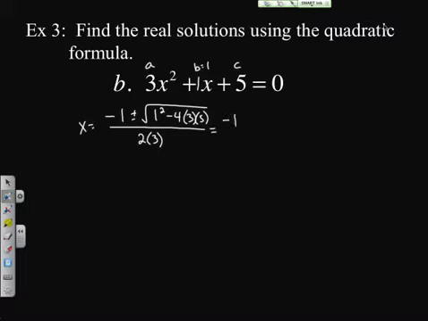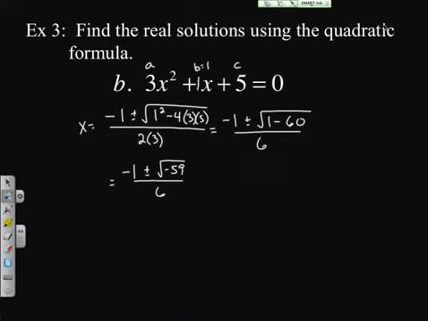So negative 1 plus or minus square root of 1 minus 60 over 6. So that gives us negative 1 plus or minus square root of negative 59 over 6.